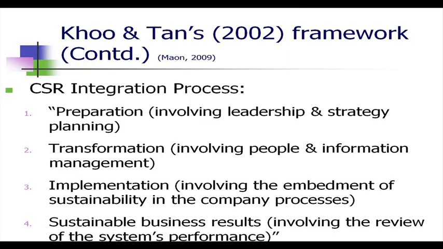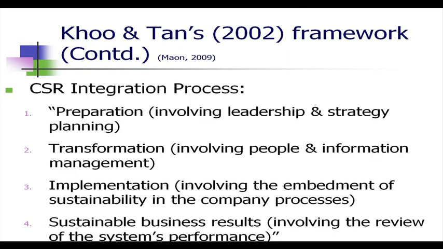Once you've planned it, you help people understand why you're doing it, help them grasp the requirements, help them internalize that. When we talk about the difference between change and transformation, change is something that you do temporarily. Transformation is something that comes from within. You actually start believing that whatever you are doing is required to be done.